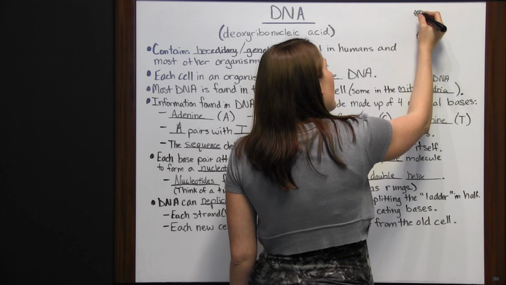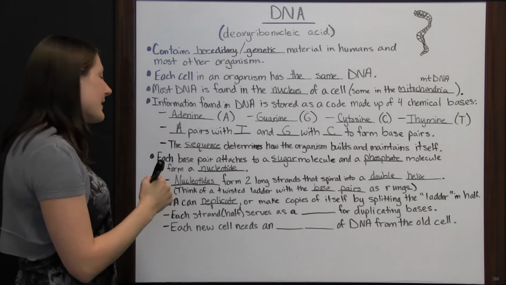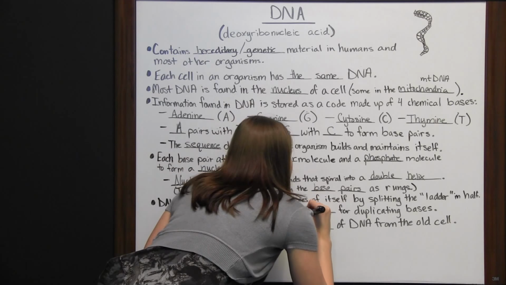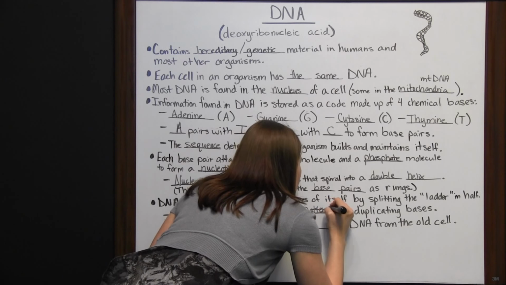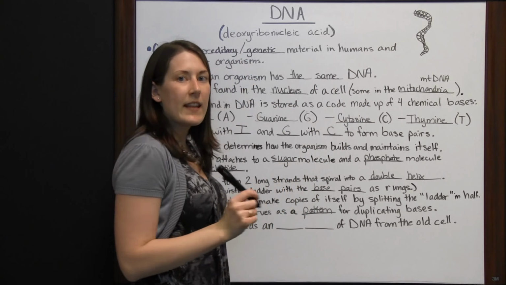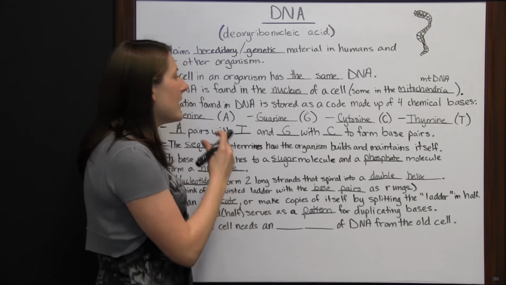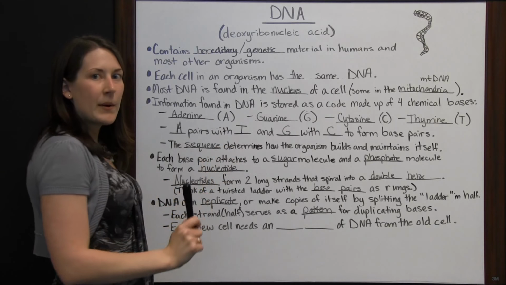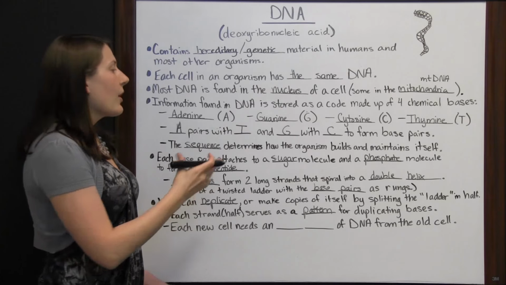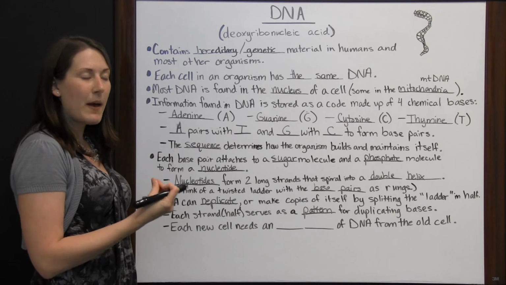So we know we've got adenine, guanine, and because we know what's on one side of the ladder, each strand or half of that ladder serves as a pattern for duplicating bases. Since we know we've got adenine here, we know the thing that has to pair with it is thymine. If we've got guanine, cytosine has to pair with it. Since in DNA, adenine and thymine always pair together and guanine and cytosine pair together, you will know, or the cell will know, okay, I've got this DNA, I've only got half of it, but it's a pattern.